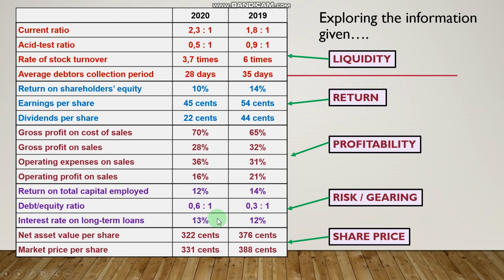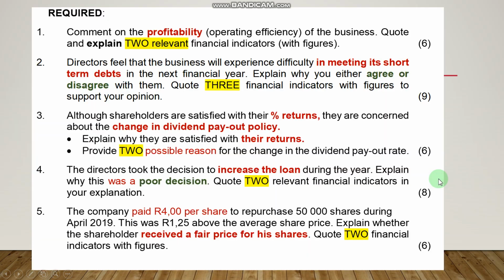So this is an example of negative gearing, but we moved from a situation where we are experiencing positive gearing, and now by increasing the loan, it did not help the business because we did not use it effectively to increase profitability. And you can see it shows in the other financial indicators as well.